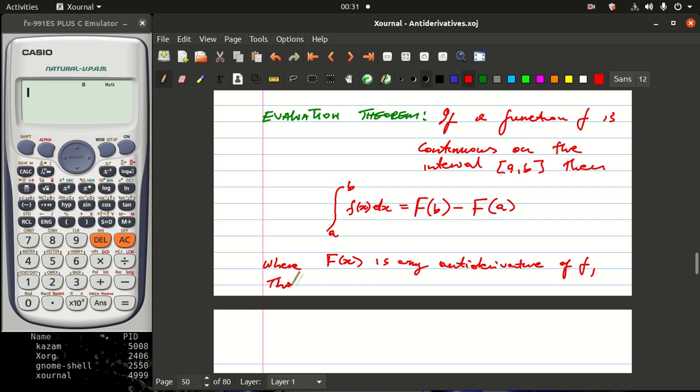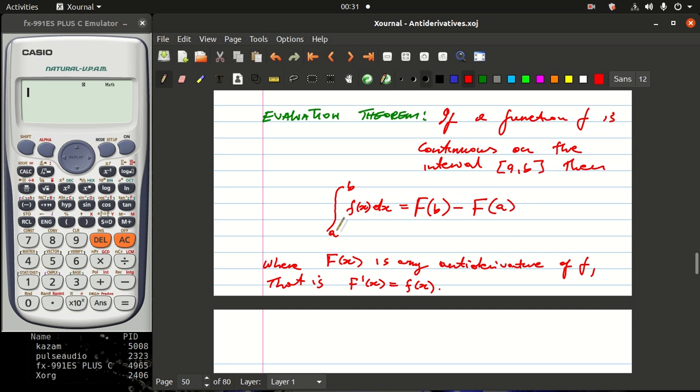That is, if I take the derivative of this with respect to x, I get f of x. That's what we mean. We have been using this a lot when we're finding the net area, because when we were doing antiderivatives and the area under the curve, I was trying to make sure that we end up seeing why these things are actually the same.